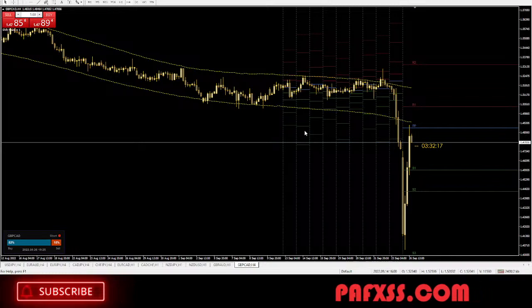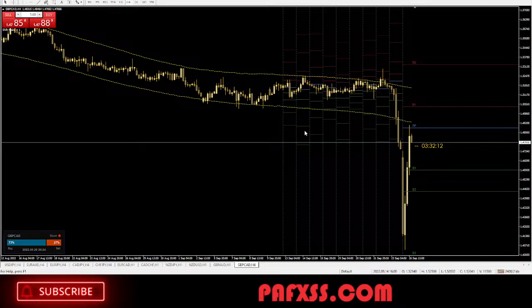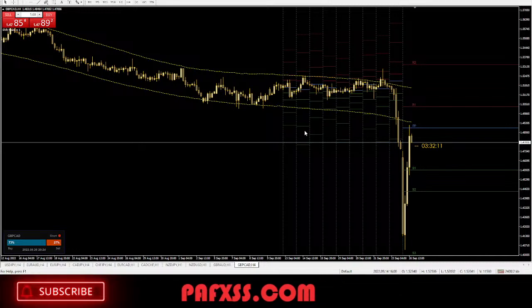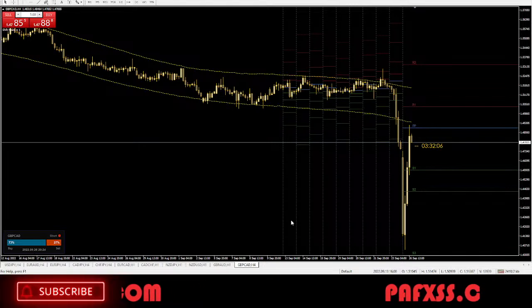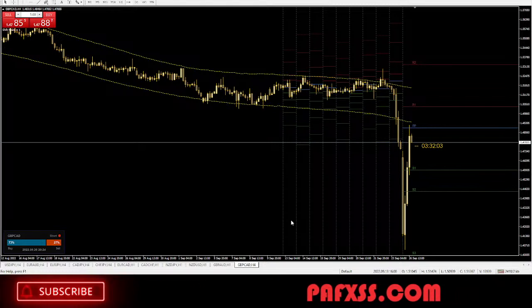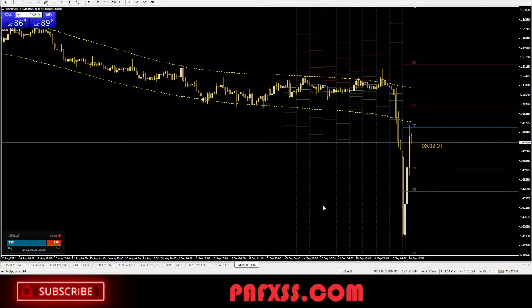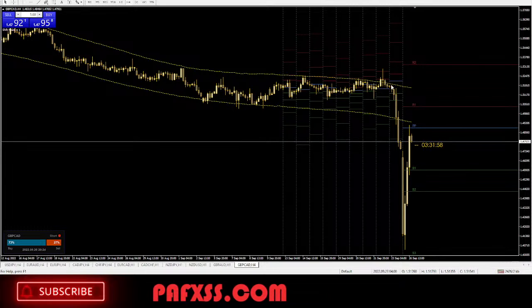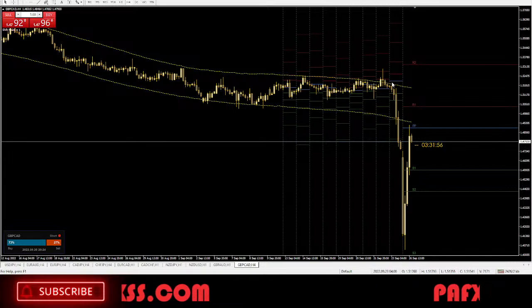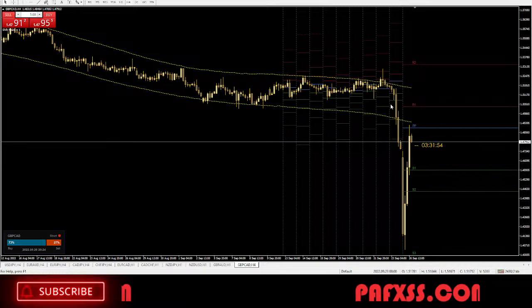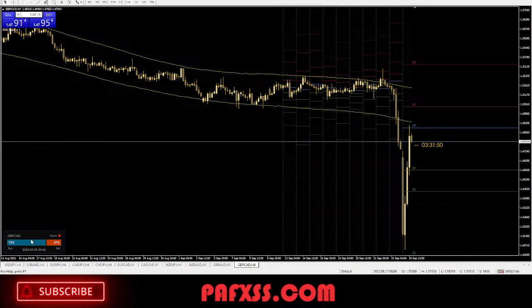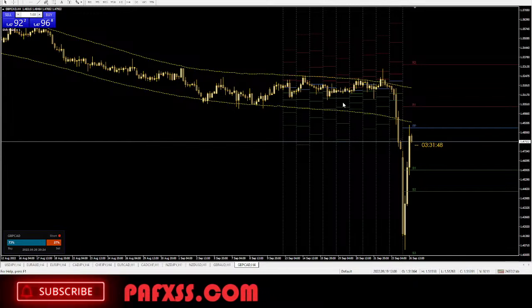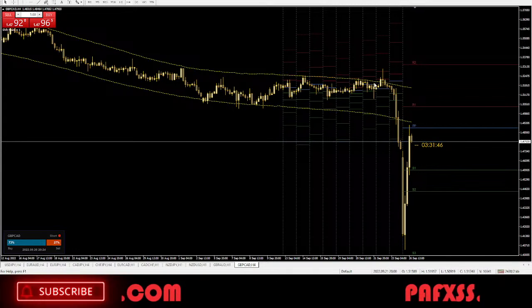That's how the market makers, the institutions, make money. That's why we don't want to go against the market makers. They don't care about most of the traders, they have more money than those traders. Even if 80% of people are buying, they just drop the price.